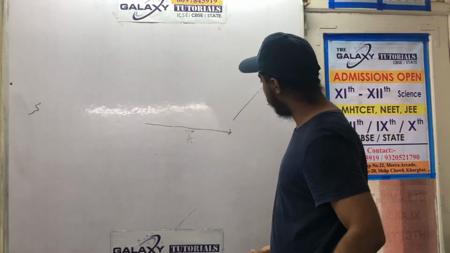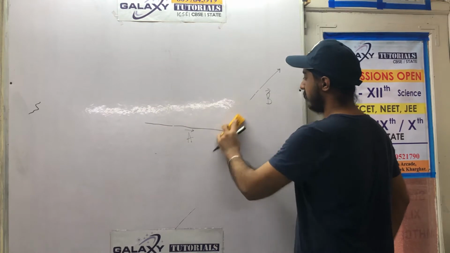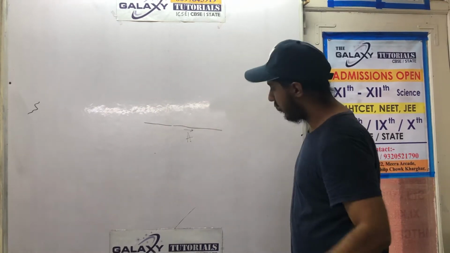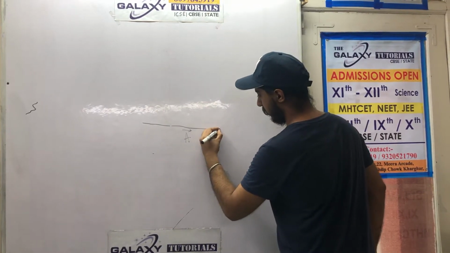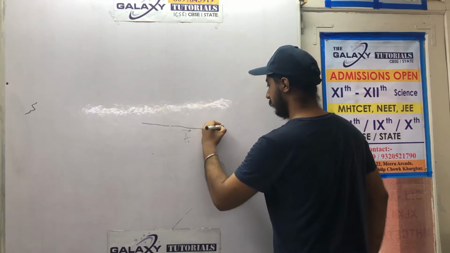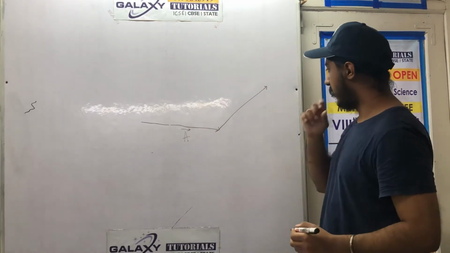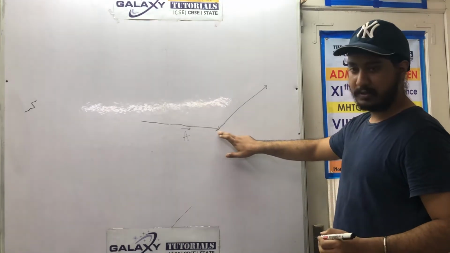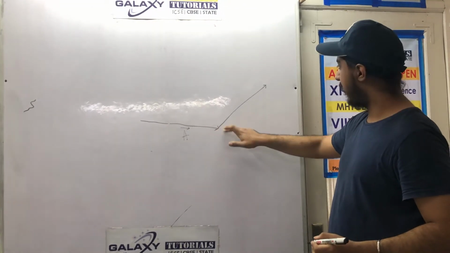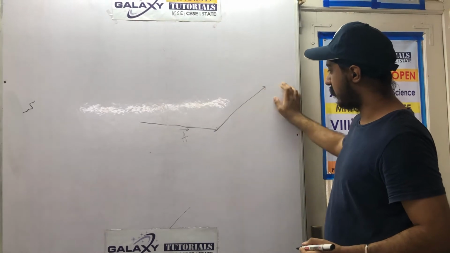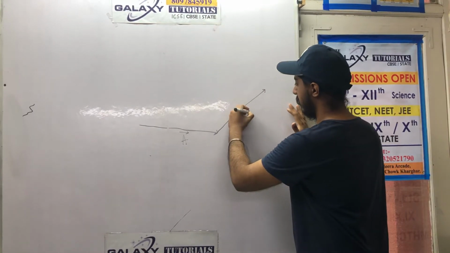The diagram will form like this. So this will come on top of this. Now you can see the end point of this vector is touching this vector, and then the head is going this way. So this is vector B.